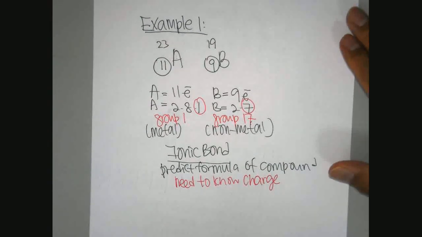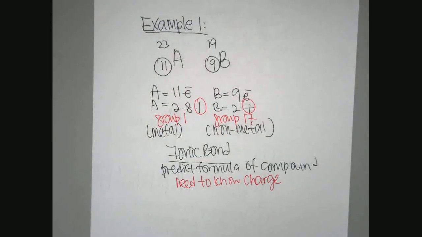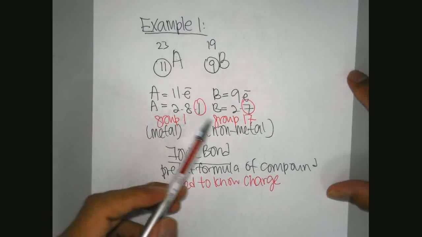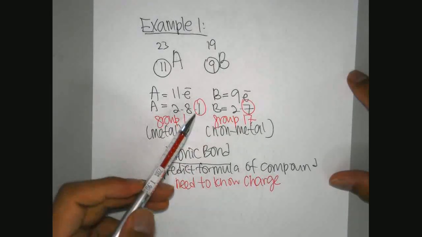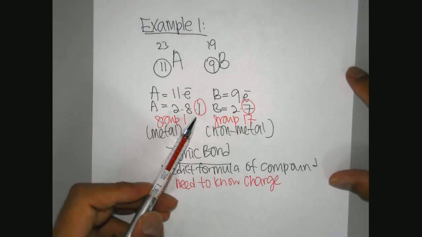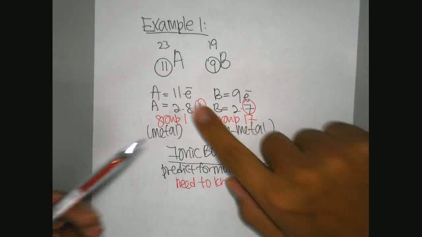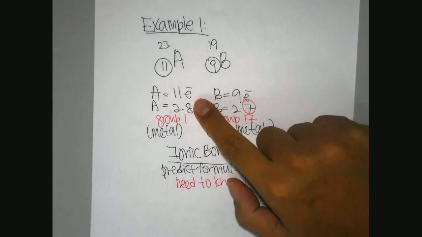So if you look back to our flow, I want to predict the charge of A and B first. So let's see. A has one outer electron. So when we have one valence electron, there are two ways for us to be stable. The first method is that we can throw the one electron away to become 2.8, which is octet and stable.